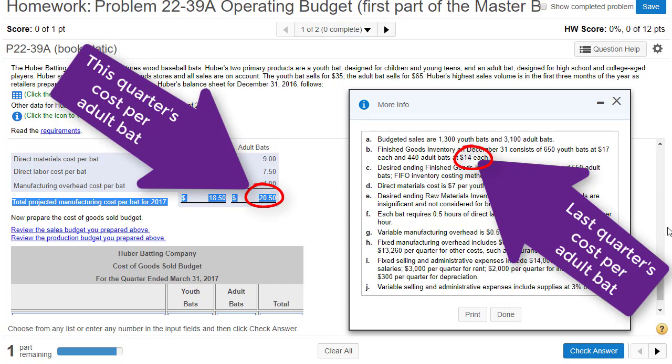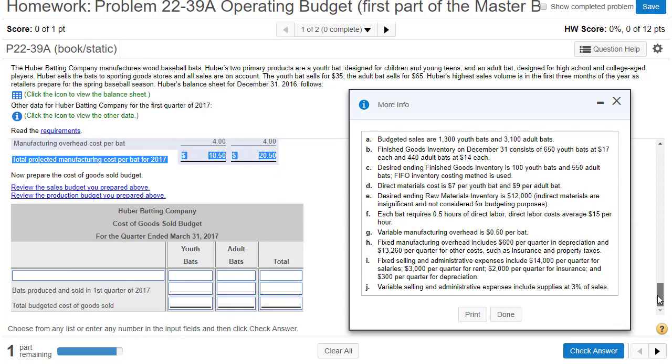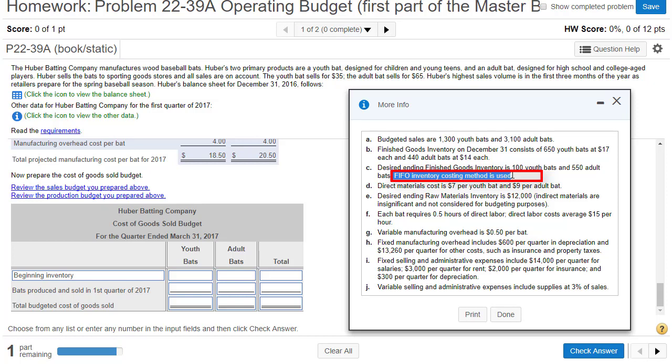So when we sell some of the bats, remember we're going to be selling some from the beginning inventory and from this quarter. And here's the key. This company uses FIFO to cost inventory. That means first in, first out. So when they're recording a sales transaction, the cost of goods sold is from the older bats.